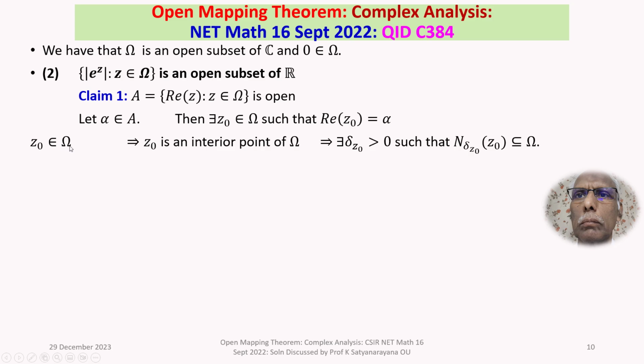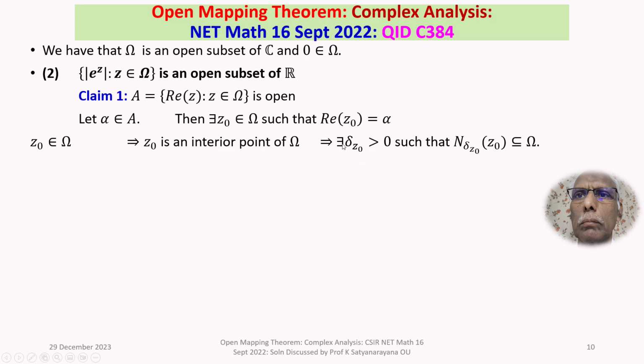Omega being an open set, every point of it is an interior point of it. Therefore, z naught belongs to omega will imply z naught is an interior point of omega. Z naught as an interior point of omega means there exists a neighborhood of z naught which is entirely contained in omega.